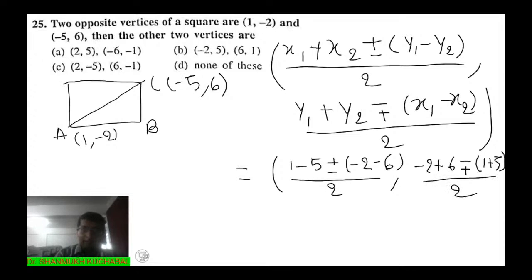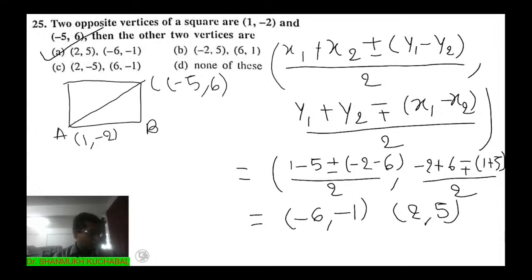On simplifying, we get (-6, -1) as one coordinate, another coordinate is (2, 5). Therefore option A, (2, 5) and (-6, -1), is the right option. So option A is the right answer.